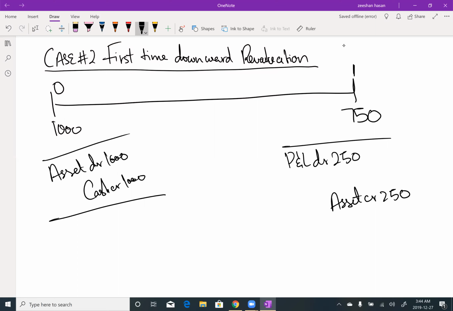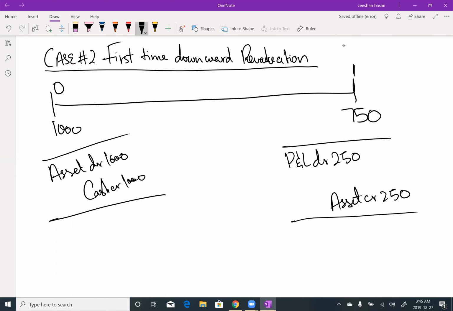Now there is an innocent question by a student: when the asset value was increased, we recognized the gain in equity, but now when the value is decreased, why don't we decrease the equity and recognize it as an expense?